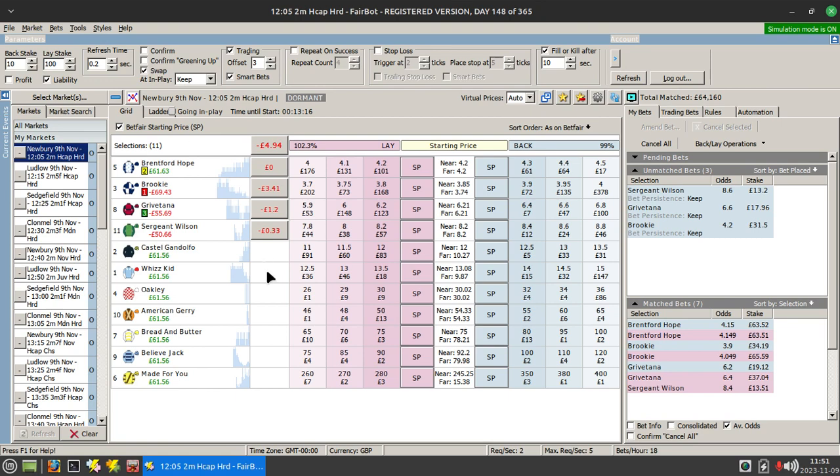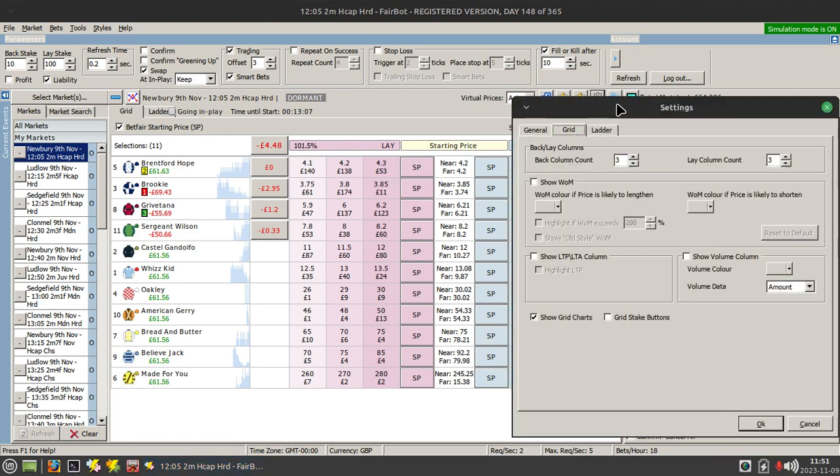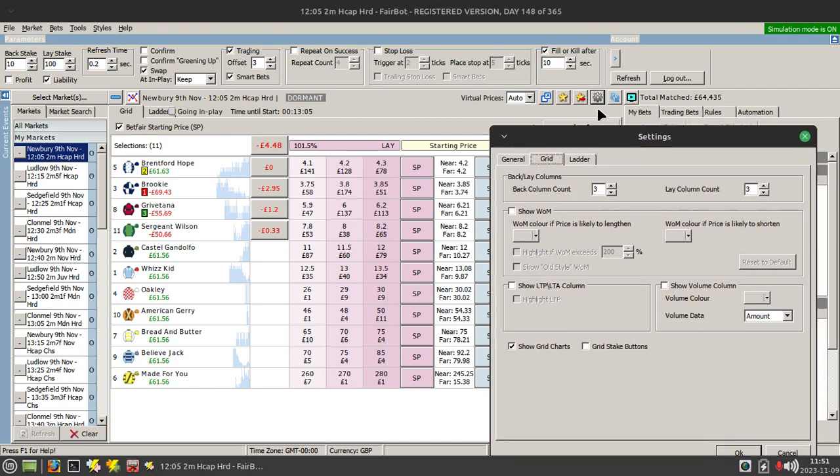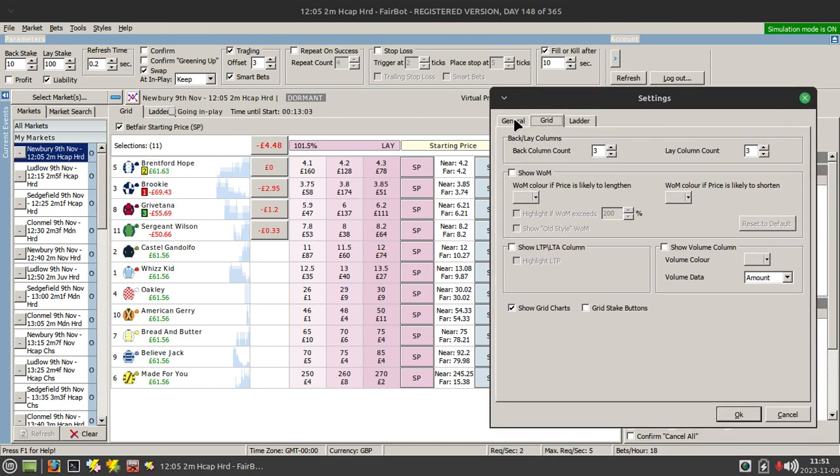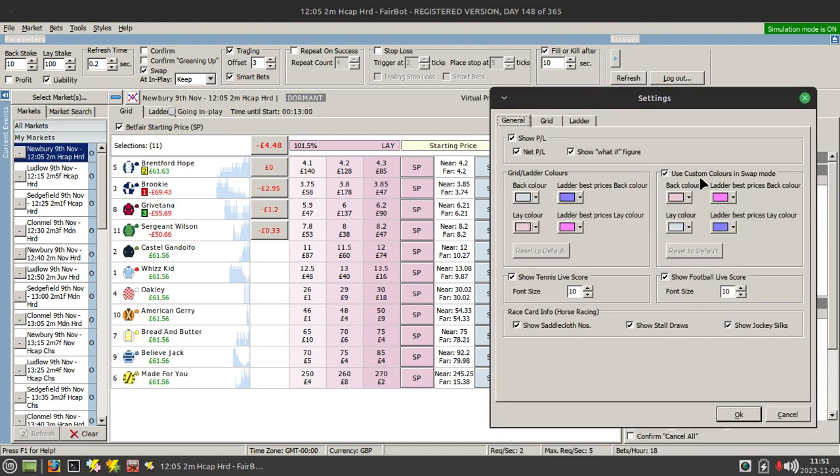Now with the swap switched on, just in case you're unaware, you'll see how the left hand side has gone pink. For that to happen, you need to make sure you go into the settings here by clicking on the little cogwheel, click on the general tab and make sure you have use custom colours in swap mode switched on. Otherwise it'll still be blue on the left hand side.